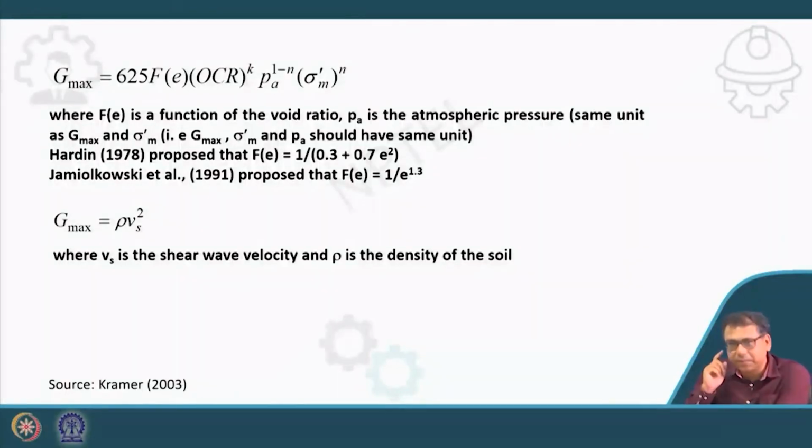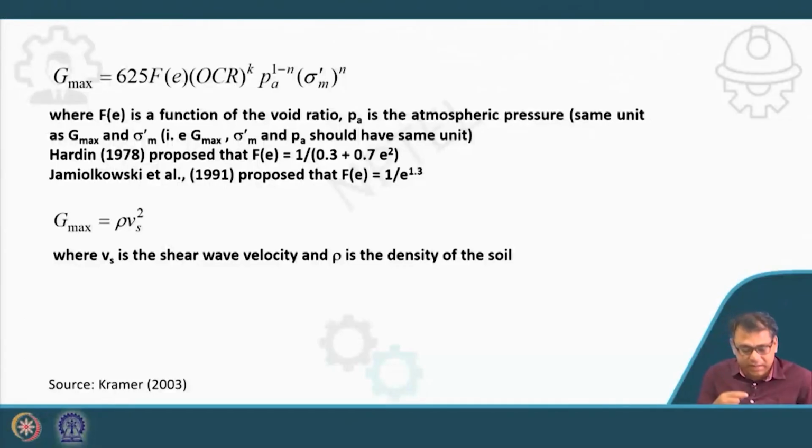For example, Pa in kPa should be 100 kilonewton per meter square, provided Gmax and sigma m dash are also in kPa. Clear? Hardin proposed that this F function is equal to 1 by 0.3 plus 0.7 e square, where e is the void ratio. Another proposal is that F is 1 by e to the power 1.3. This way also I can determine the Gmax.